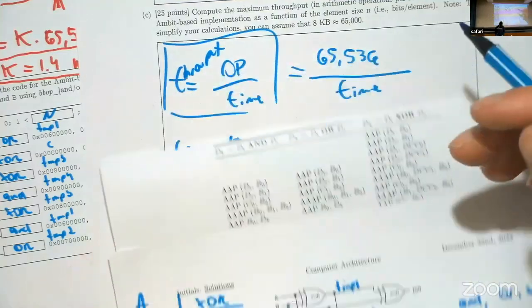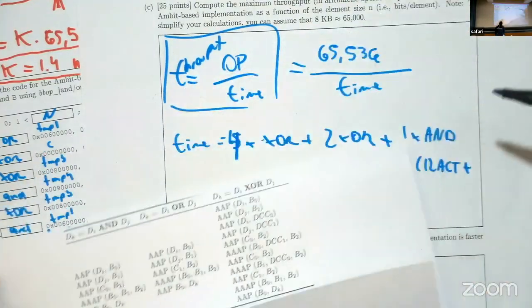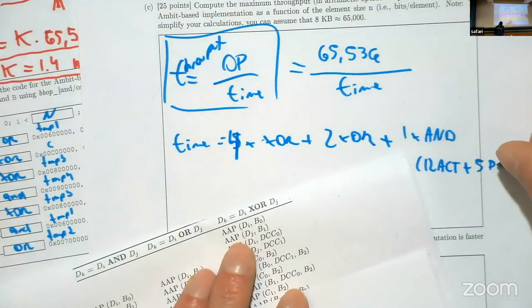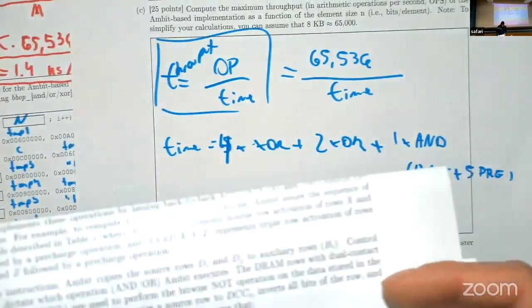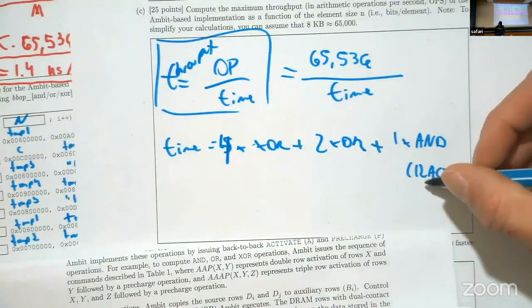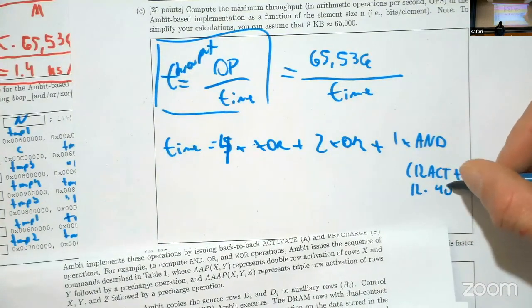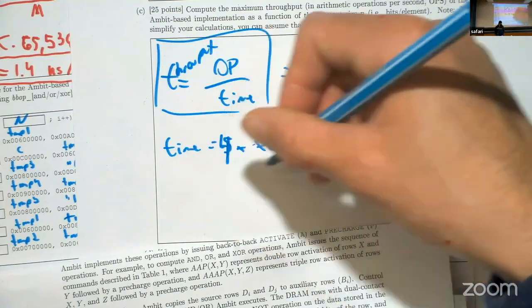And 1, 2, 3, 4, 5, 5 precharges. Then you go back to the question, and you have the latency for the activations and the precharges. This is 12 times 40 plus 5 times 20, and then you do the same for the other ones.